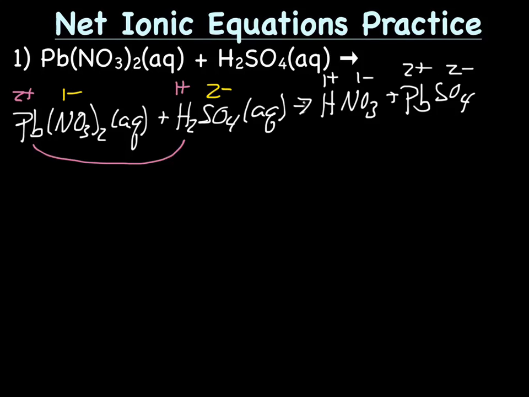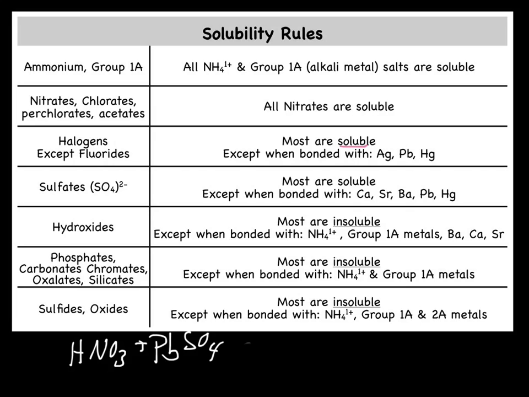So now what we need to do is figure out if these are aqueous or solids. All right, so we have our products, HNO3. NO3 is a nitrate, and all nitrates are soluble. So that means HNO3 is going to be aqueous.